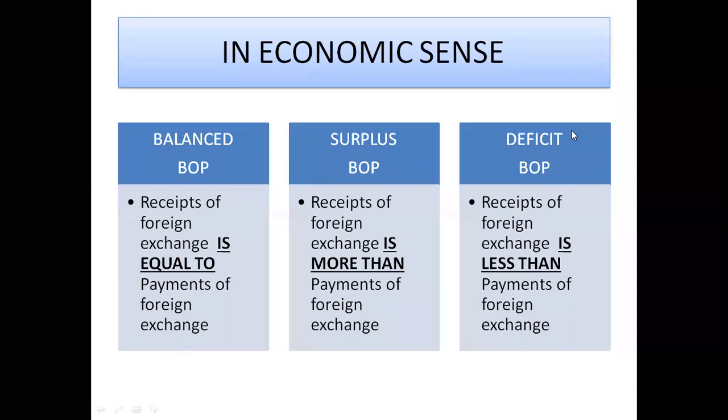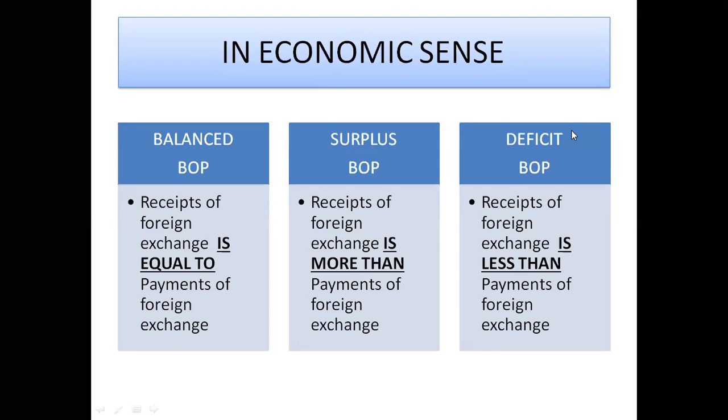Deficit BOP will refer to where the credit side of BOP is less than the debit side of BOP, which means the receipt of foreign exchange is less than the payments of foreign exchange. That is deficit BOP. I hope this is clear to all of you.